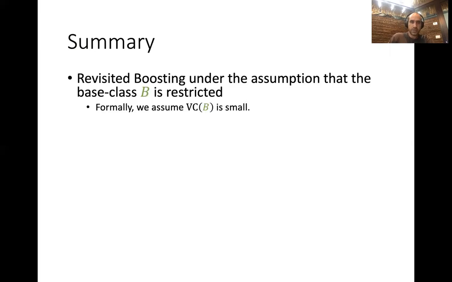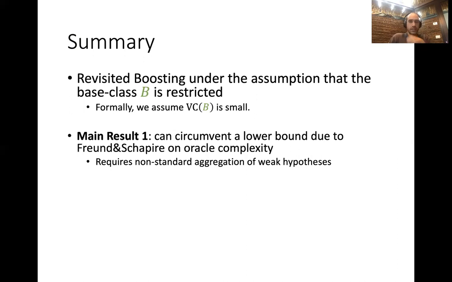So we revisited boosting under the assumption that the base class is restricted, is a VC class. The first result I showed you is that using this assumption gives rise to a different landscape of boosting, and in particular, you can circumvent a classical lower bound on the oracle complexity by Freund and Schapire.